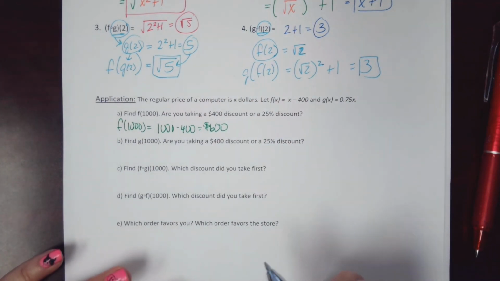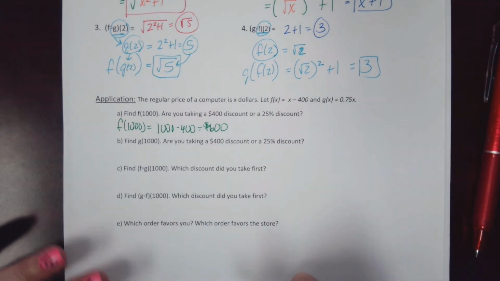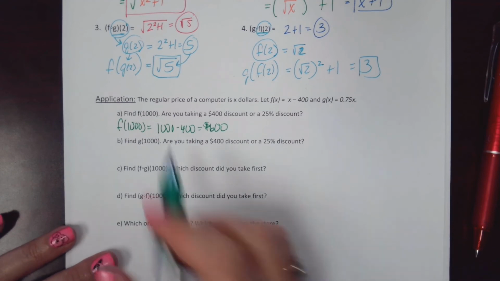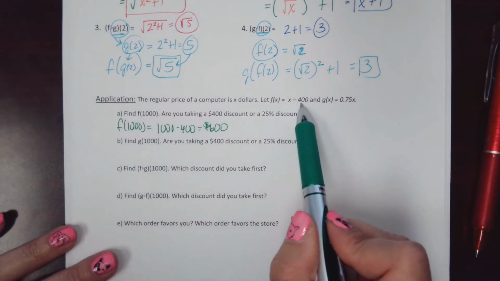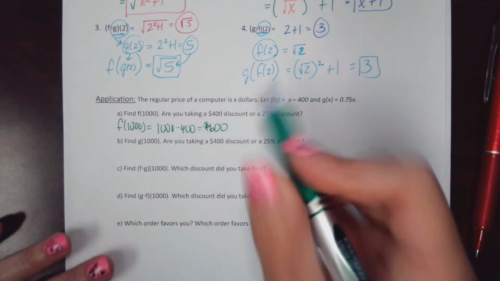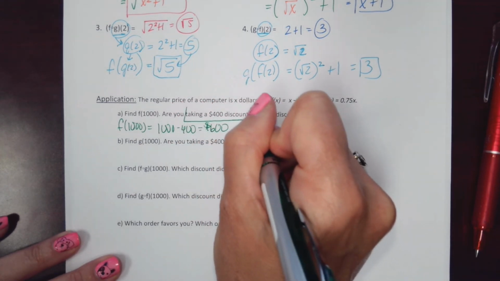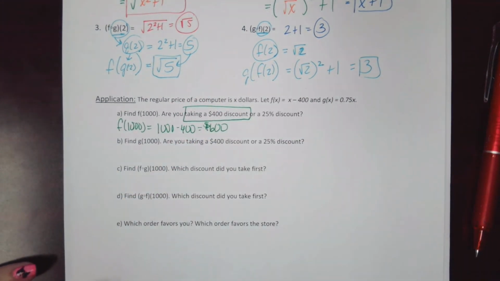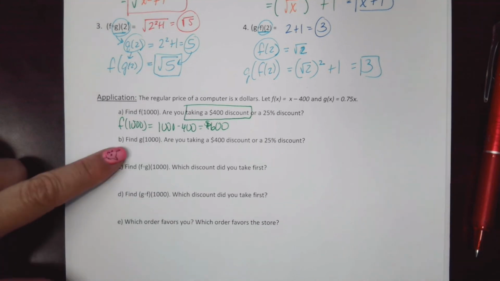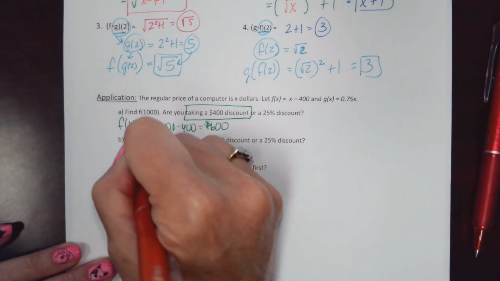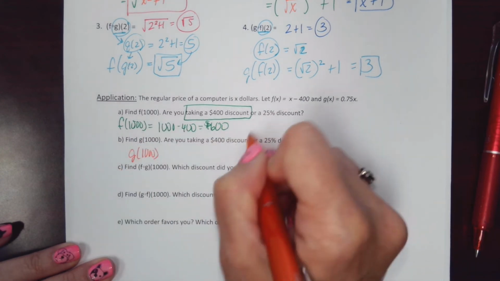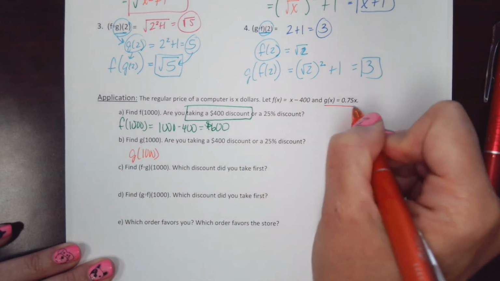Did I take a $400 discount or a 25% discount if I do f of 1,000? If I subtract out $400, I am taking that $400 discount. And then it says find g of 1,000. So g of 1,000, my g function right there.